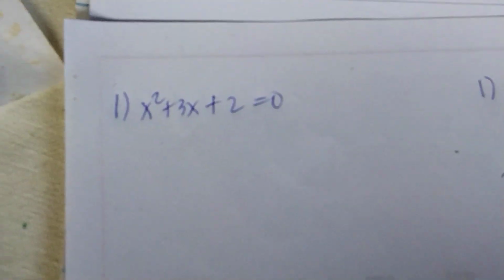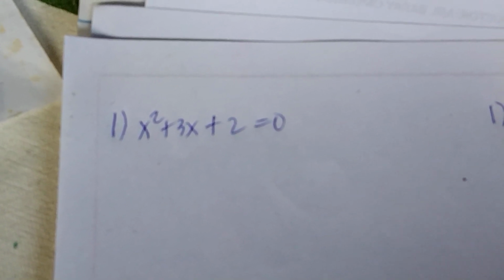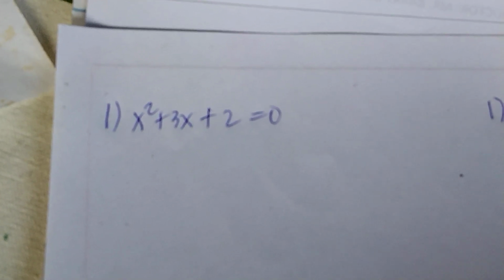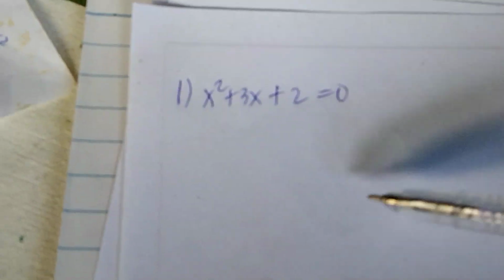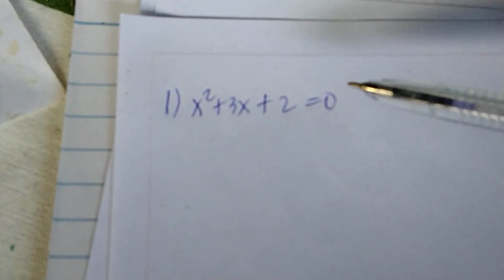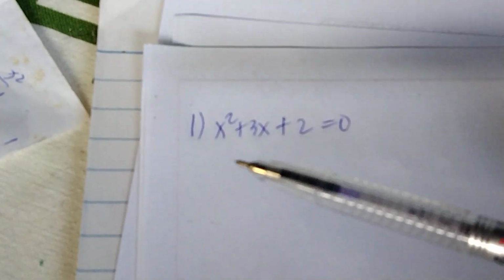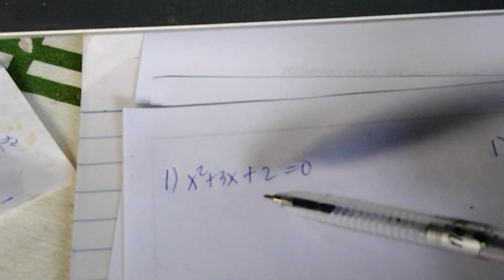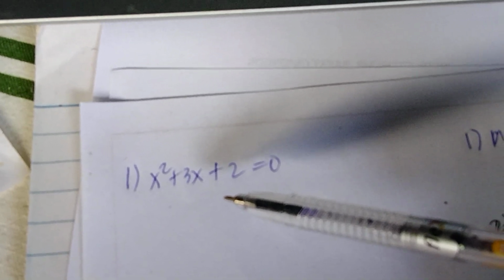So, let's go back to our first example. You are given x squared plus 3x plus 2 is equal to 0. So, this is already in its standard form, because the right side is already 0. So, next is, we need to factor the left side. Trial and error, we need to look at the last term, which is 2. What are the factors of 2? 2 and 1.